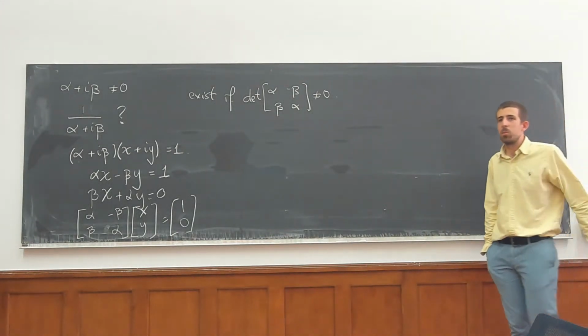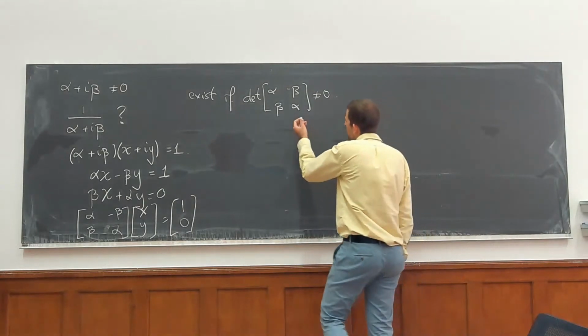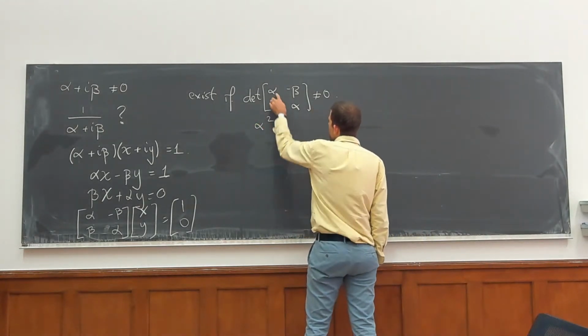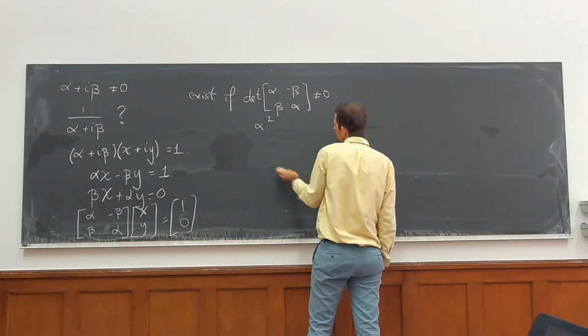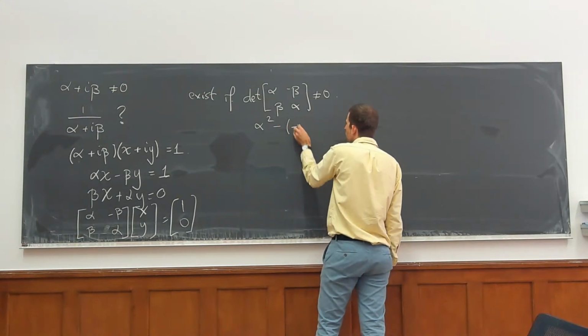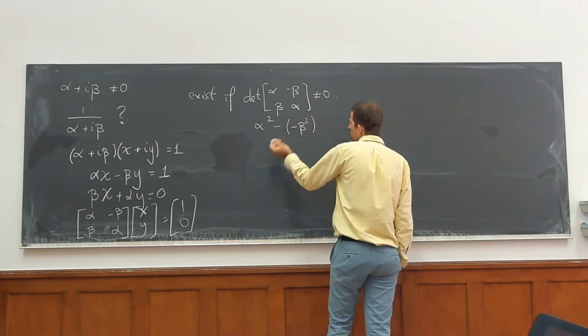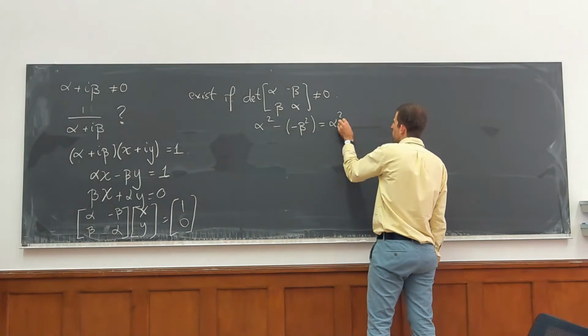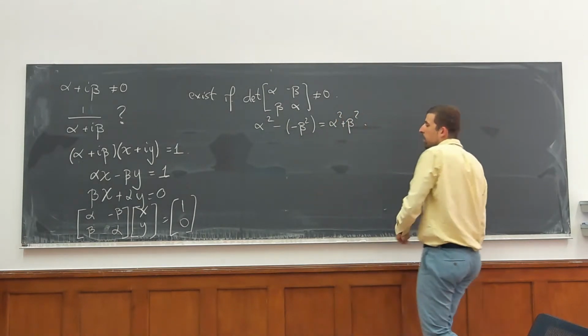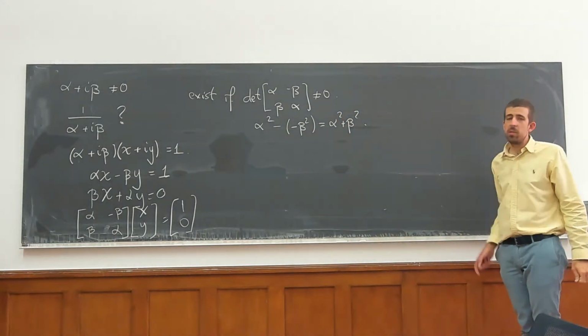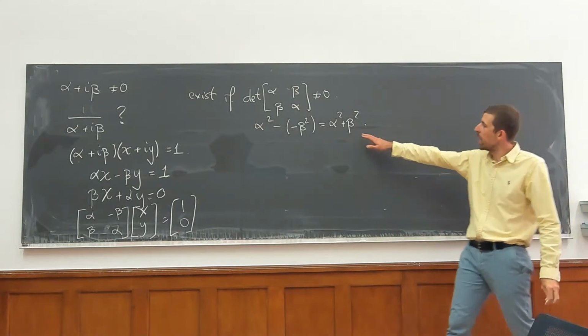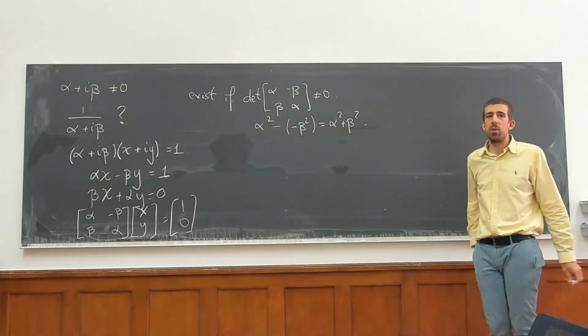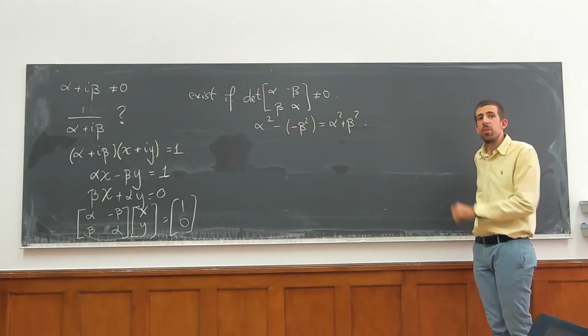This is what we learned in linear algebra. But what is the determinant of this? This is just this times this minus this times this. So we get alpha squared plus beta squared. And now remember, these numbers are real, so the only way alpha squared plus beta squared is 0 is if they're both equal to 0.